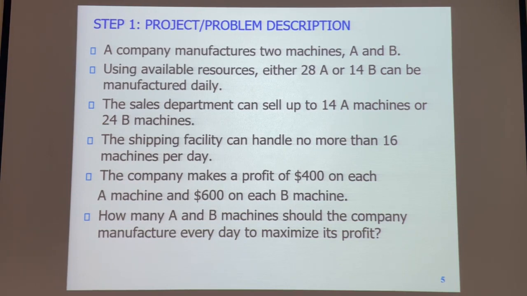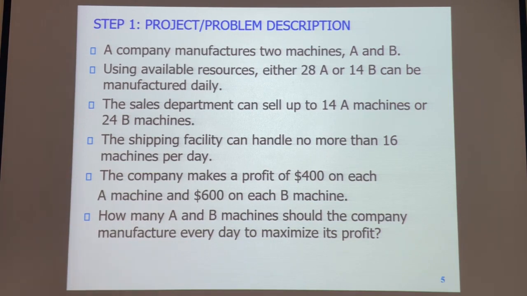So this company can make 28 A machines per day and 14 B machines per day. What's the third one? The sales department can sell up to 14 A machines or 24 B machines.